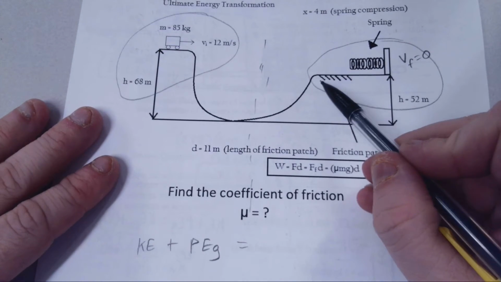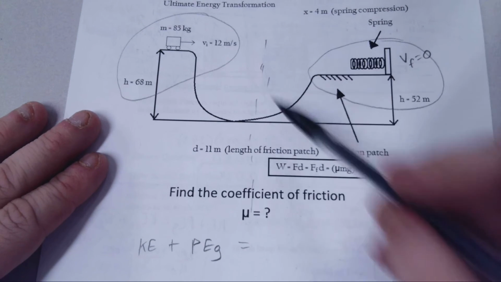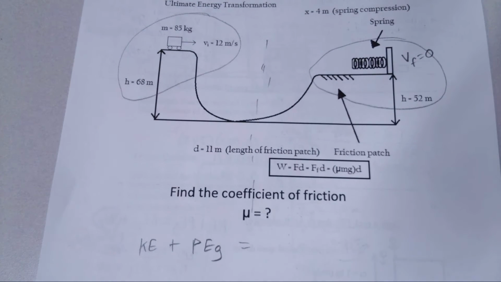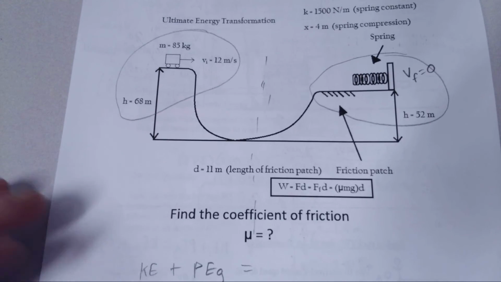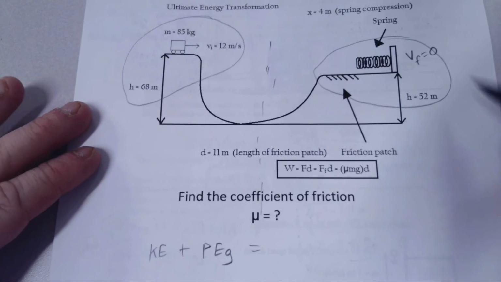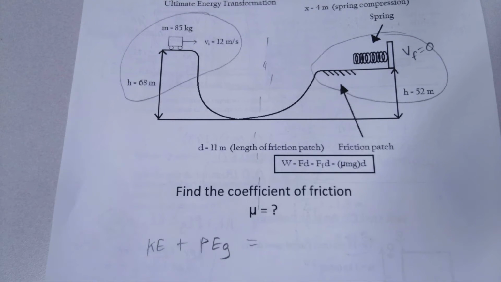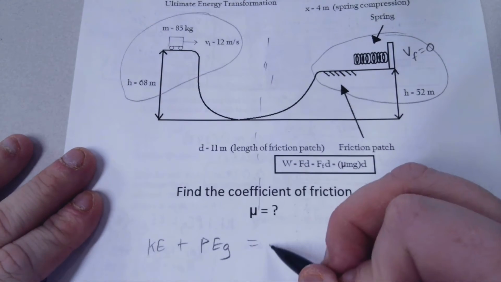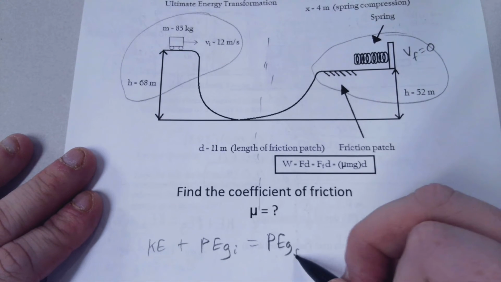And so even though it's moving when it goes up the hill and across the friction patch, we're looking at all of these basically acting at the same time. That's how we can think about it energy-wise. So is it moving at the very end? It is not moving at the very end, so no kinetic energy. Is it at a height greater than 0? Yes, and this is a different gravitational energy, so it helps to label initial and final.